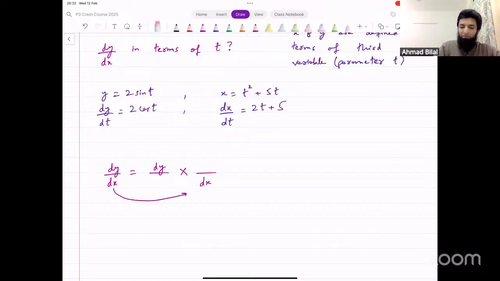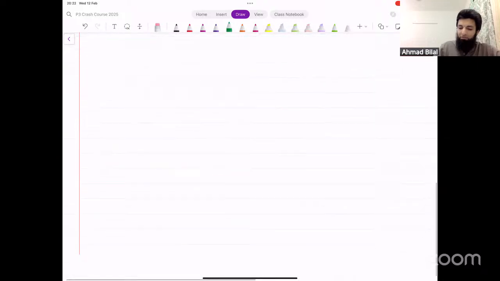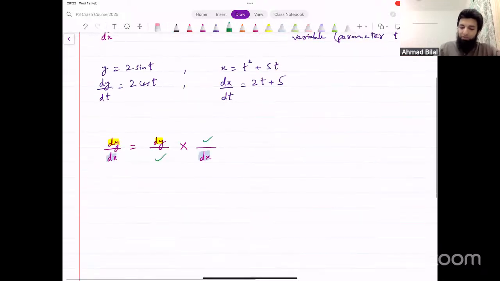That's how you write the chain rule. Numerator of the first fraction comes from here. Denominator of the second fraction comes from here. And then in the remaining two places, you have whatever is the third variable. What's the third variable in this case? It's t. So you would have dt here and dt here.